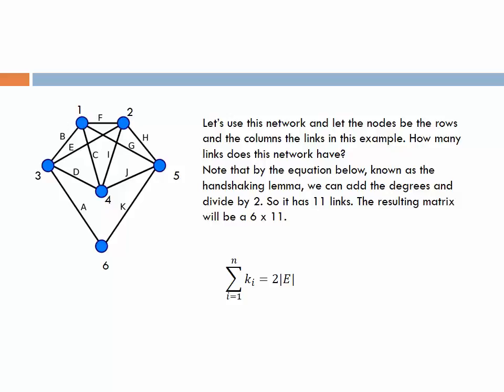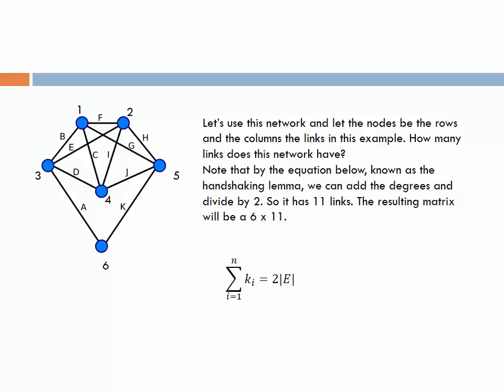Now, if we consider, say, link H. Link H connects node 2 and node 5. In the sum of the degrees, we will be counting link H when we add into the sum the degree of node 2, and we'll count H a second time when we add into the sum the degree of node 5.